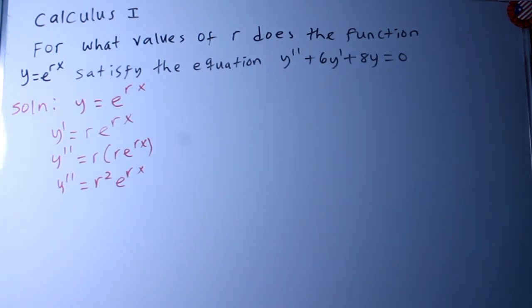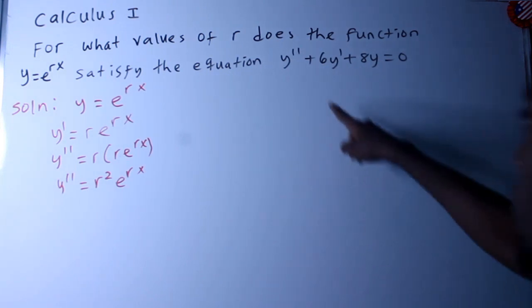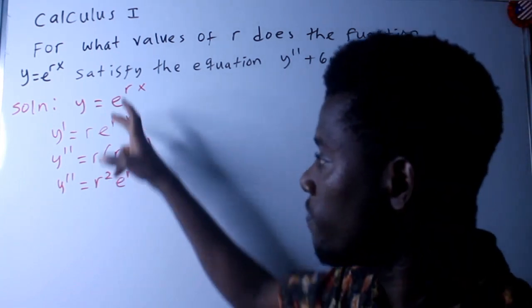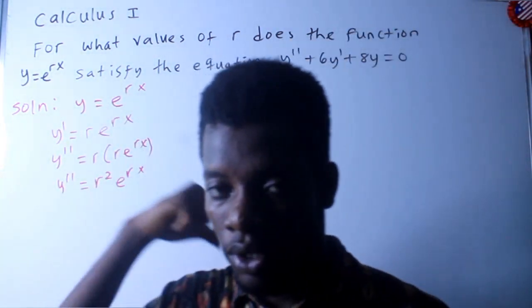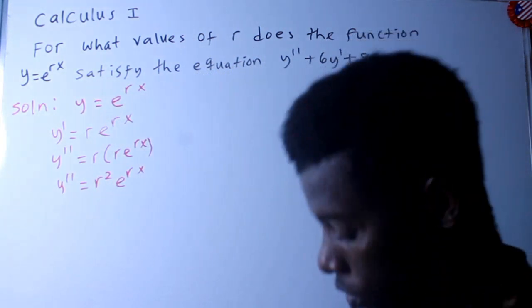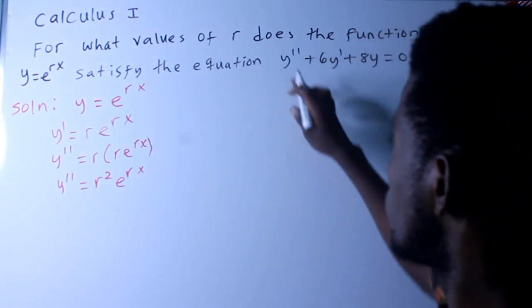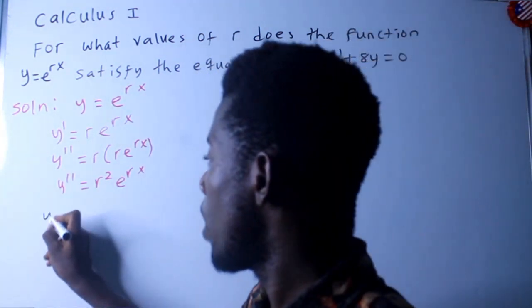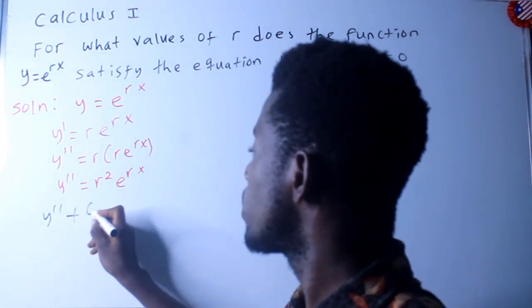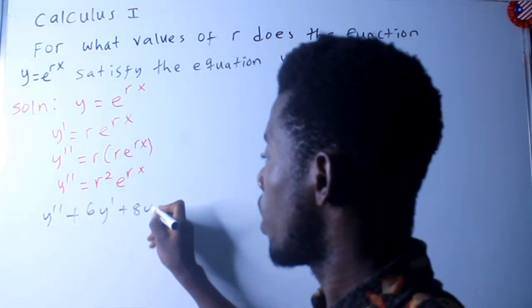So what do we do once we've done that? We can take this equation and substitute these derivatives into it and then simplify. So we know the equation we are given is y prime prime plus 6y prime plus 8y equal to 0.